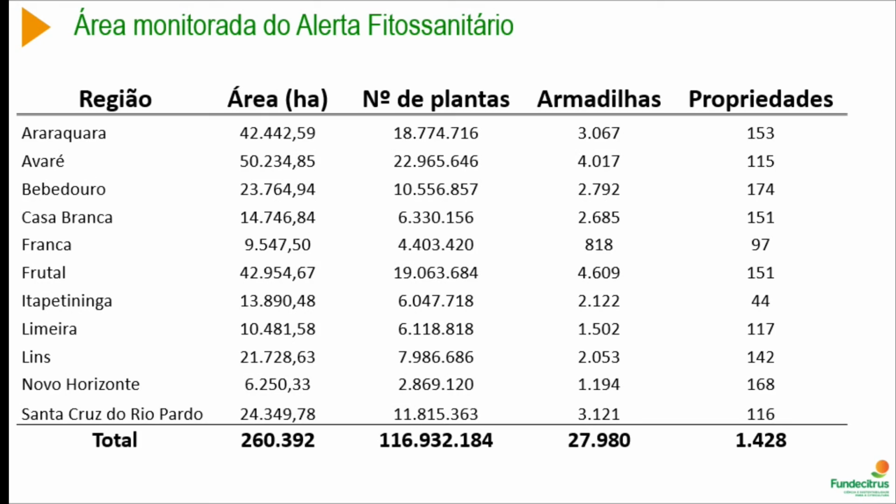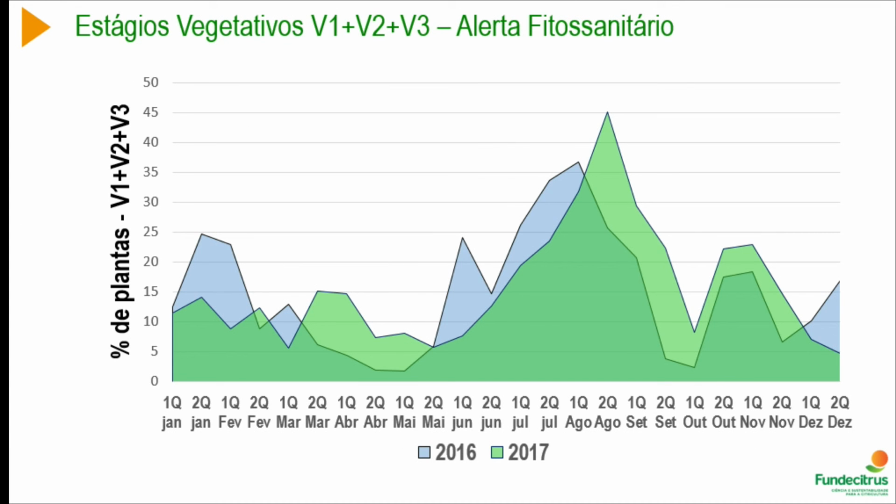Today, the alert is monitoring around 260,000 hectares of citrus, 116 million trees, almost 28,000 traps, and over 1,400 farms, and that covers most of the orange-growing areas in the state of São Paulo.